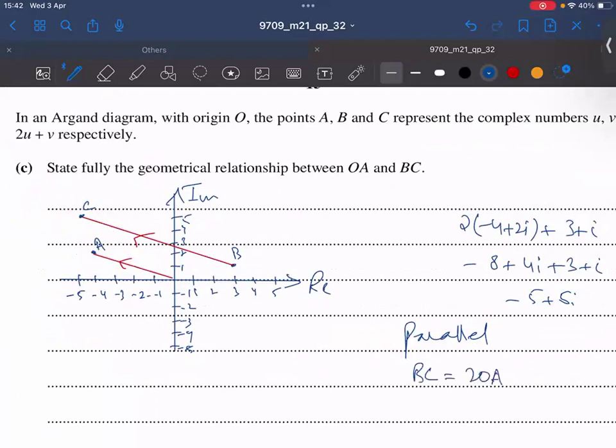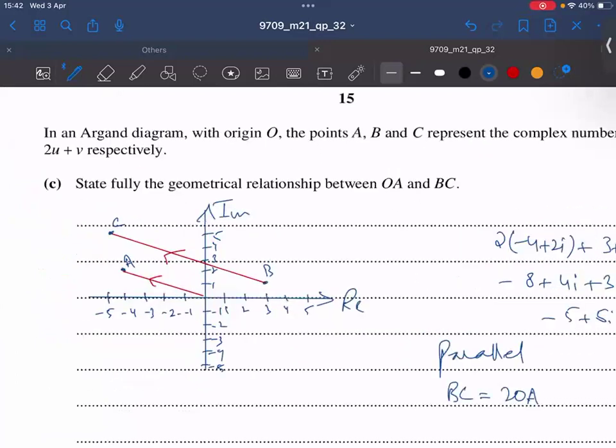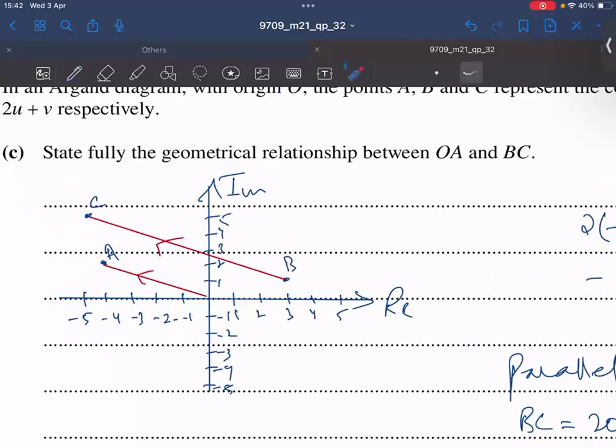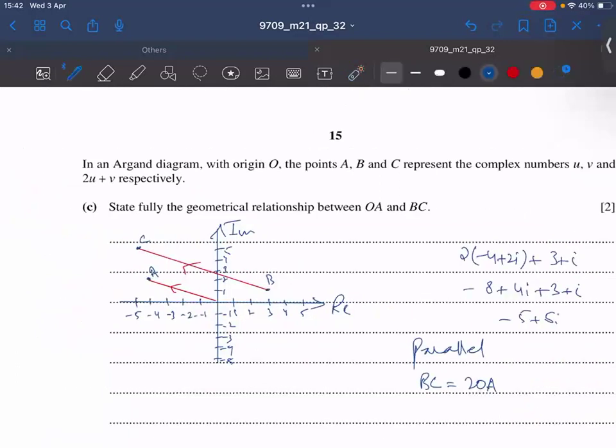Is it clear or not, Ms. Iman Kamran? Basically, OA is spread over 4 units and BC is spread over 8 units. So that's why BC is equivalent to 2 OA. Is it clear or not, Ms. Iman? Come on, hurry up.